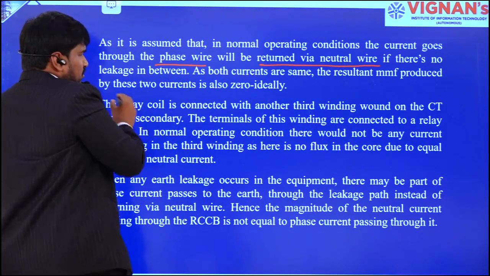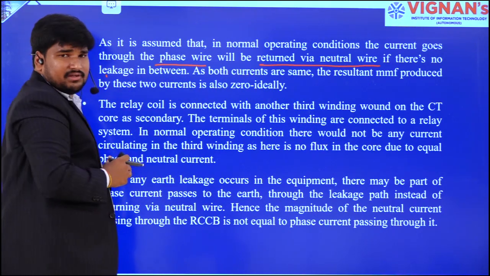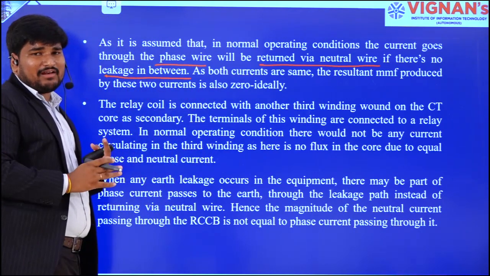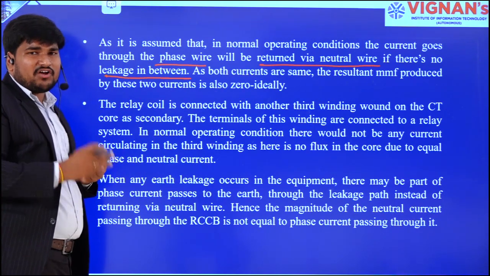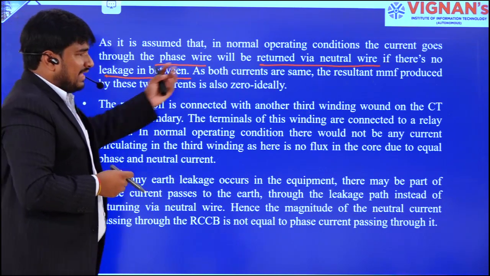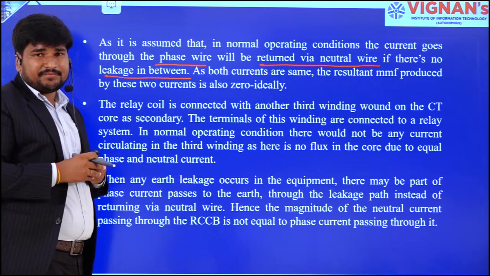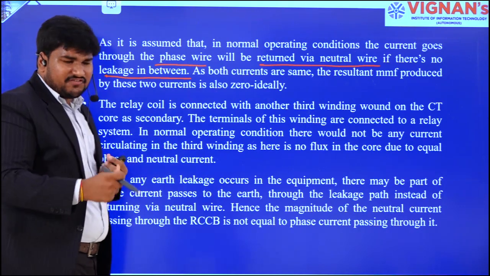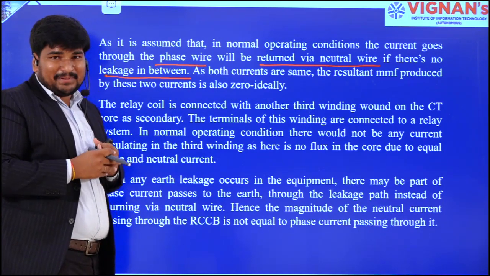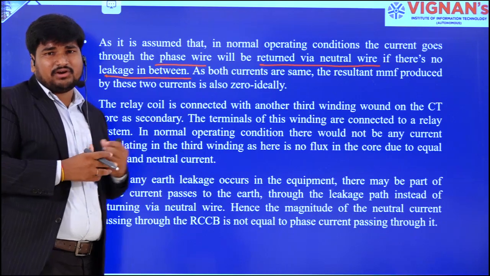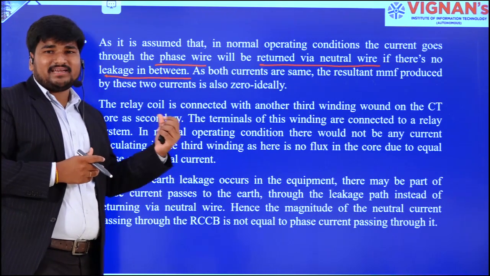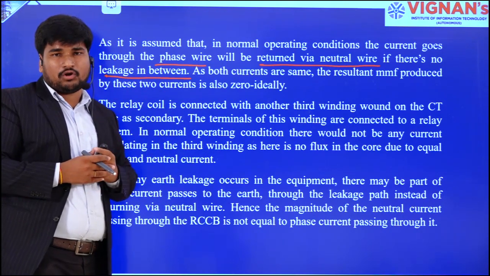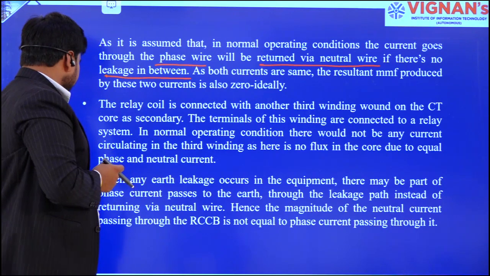Whenever there is no leakage, the currents in the phase wire and neutral wire will be the same. But in case of leakage, there may be a difference between these two currents. Because of this residual current, the relay will operate and open circuit the total input terminals of our load.